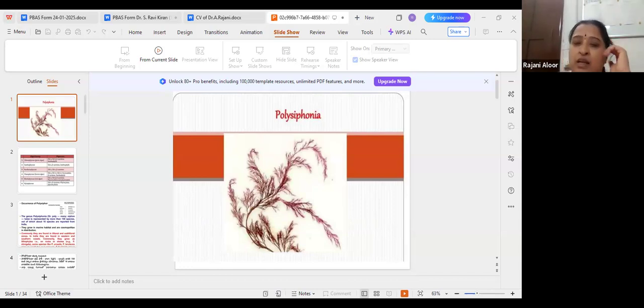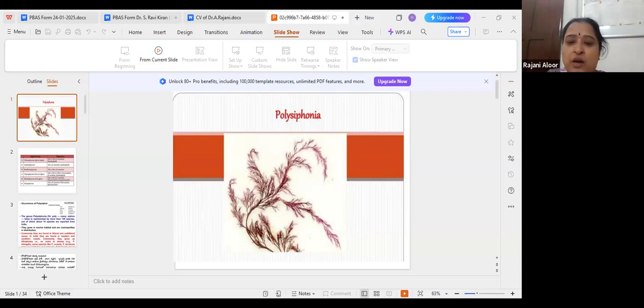type of life cycle. I'll give some examples: xanthophyceae has chlorophyll A, beta carotene, xanthophylls; bacillariophyceae has A and C, beta carotenes; phaeophyceae, brown algae, chlorophyll A and C, and fucoxanthin. Here I'll write C1, C2 also. This is expected as a question in degree level examinations. Types of C1, C2 are also present in phaeophyceae pigmentation systems.